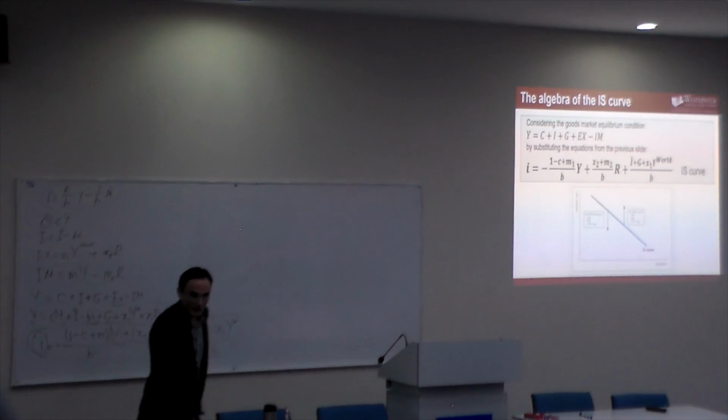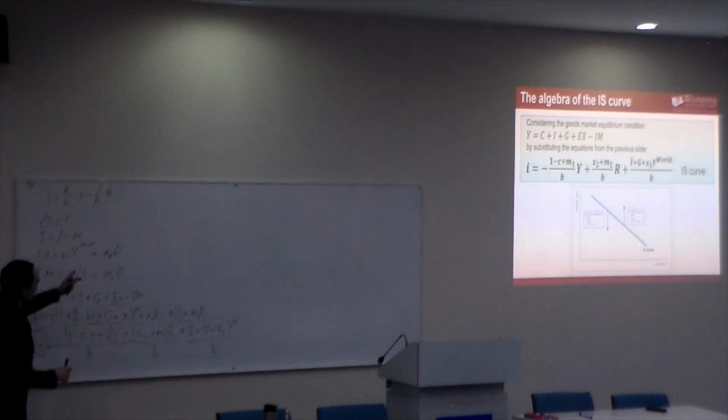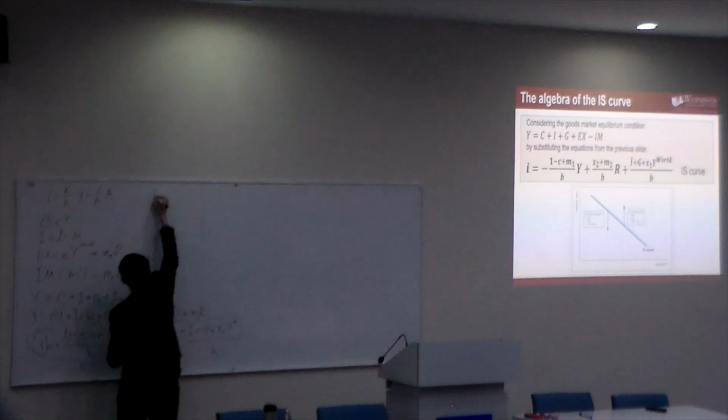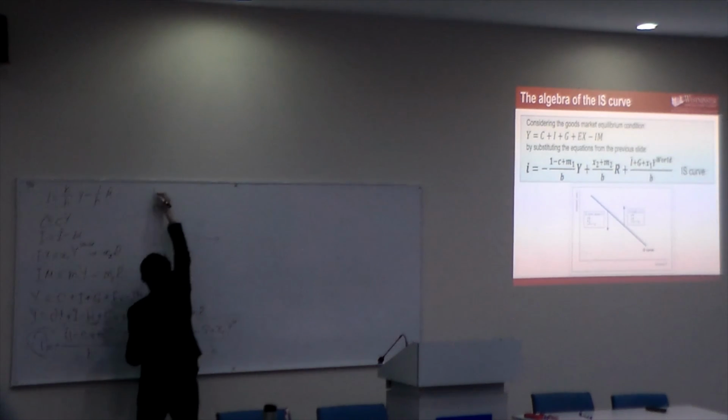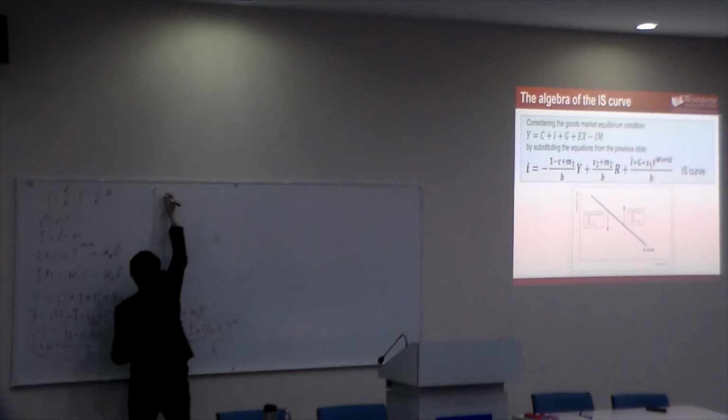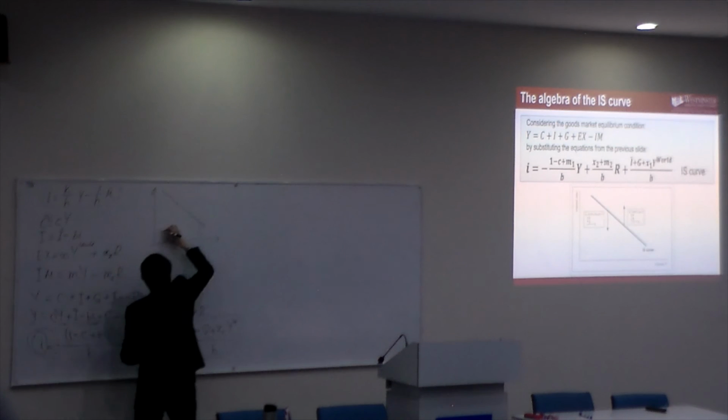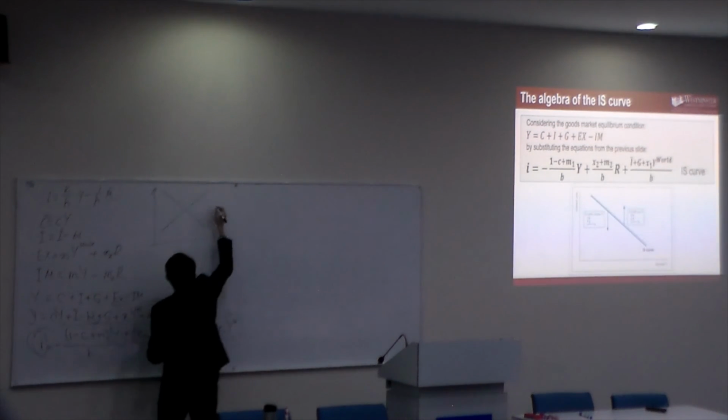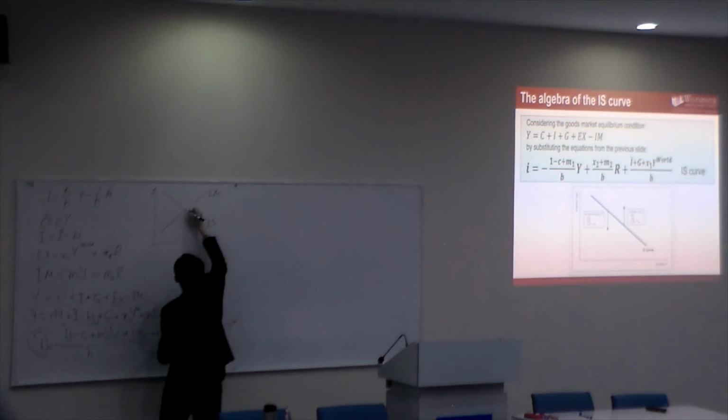And we have seen that the money market and the goods market are in equilibrium where the IS curve and the LM curve meet, at this point.